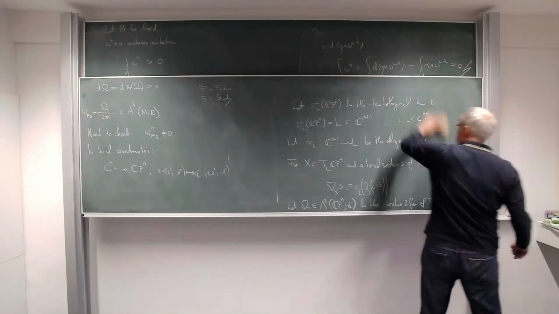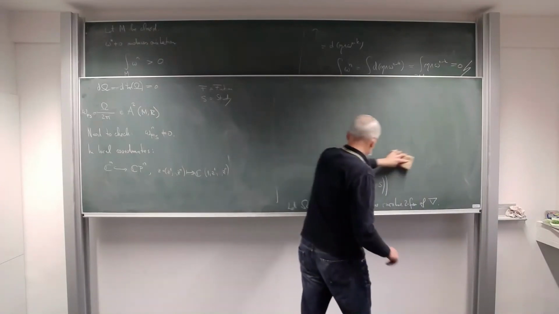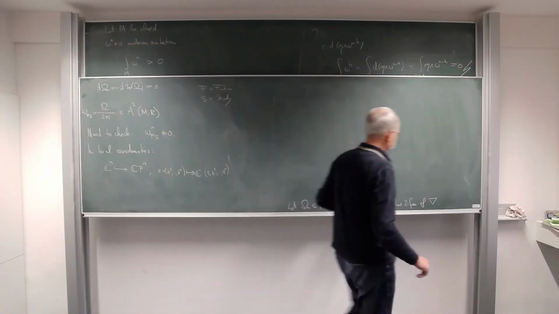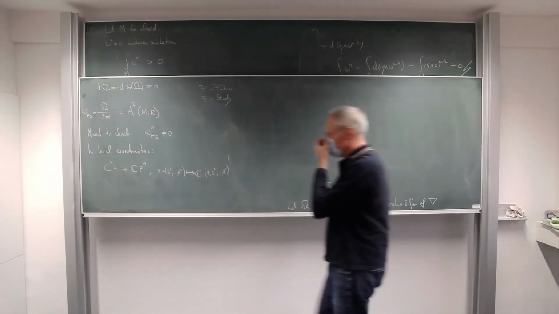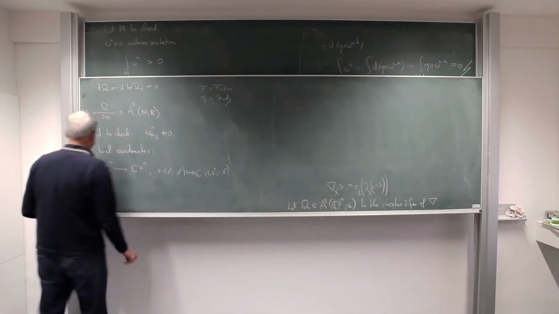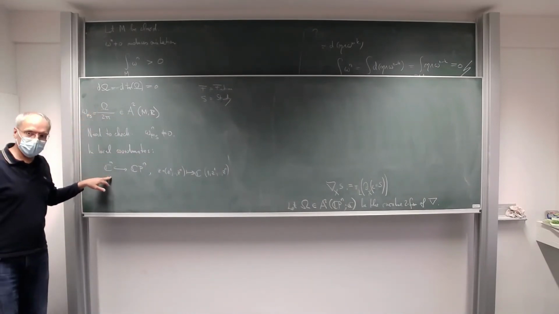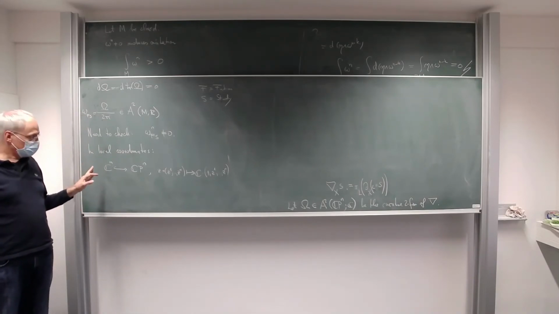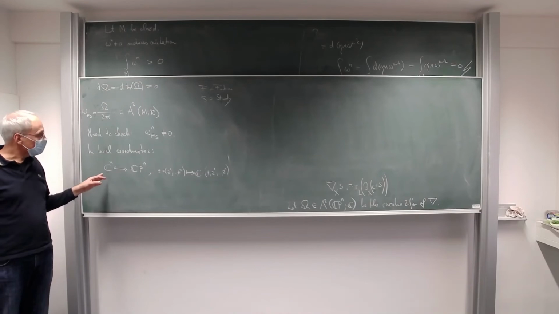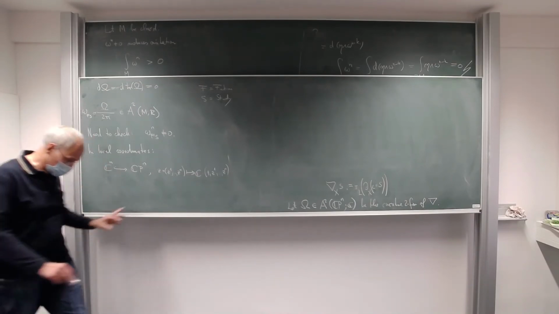Let's keep the formula for the connection for a moment. And now, in order to compute the curvature form in this chart, I need a local section defined on that chart with respect to which I compute the connection form first.